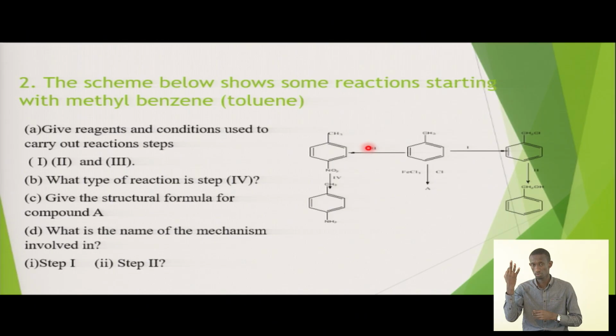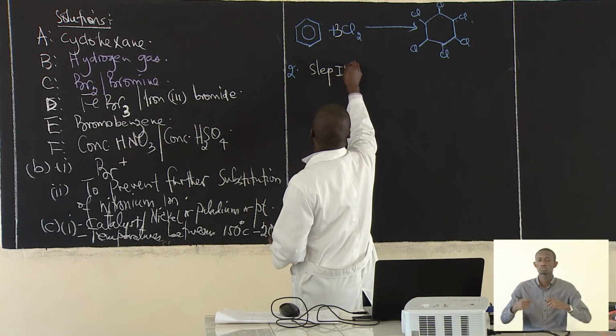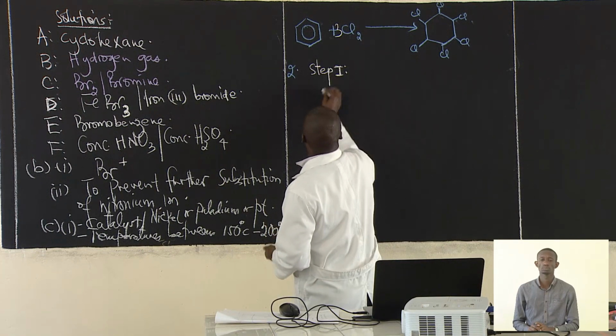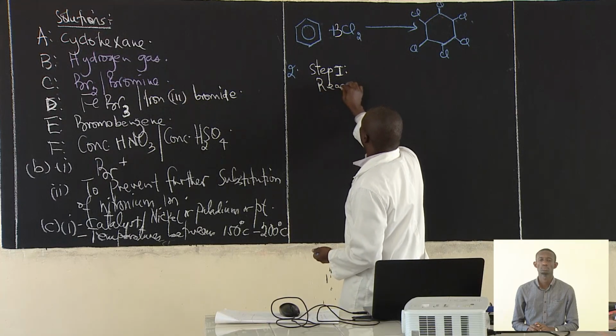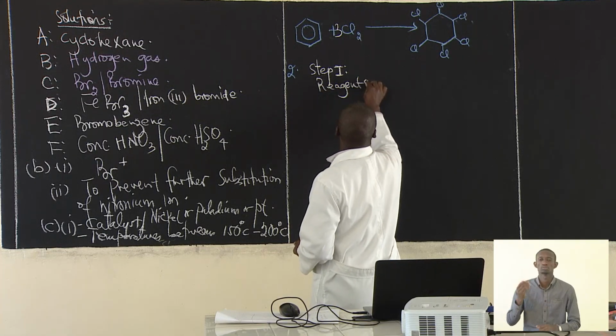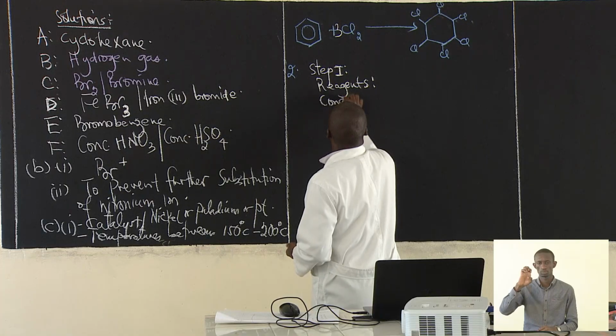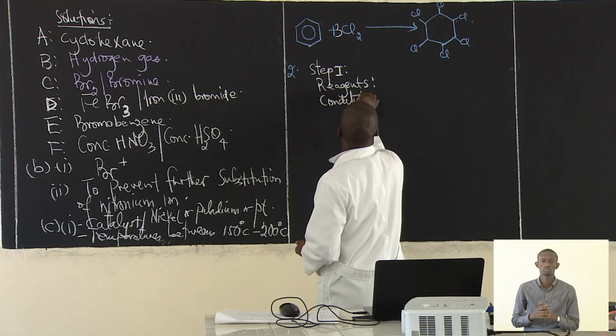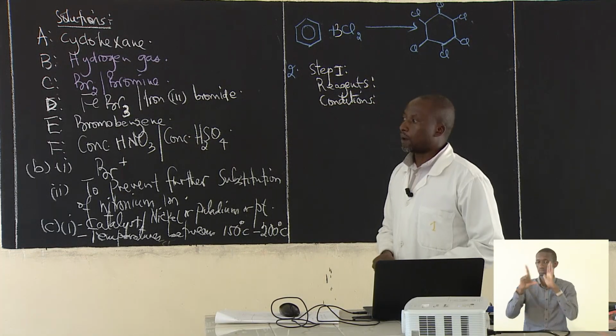So give the reagents. Let's start with step number 1. We are asked to give the reagents and conditions. We will start with the reagents, and then we add on conditions. That is step number 1.